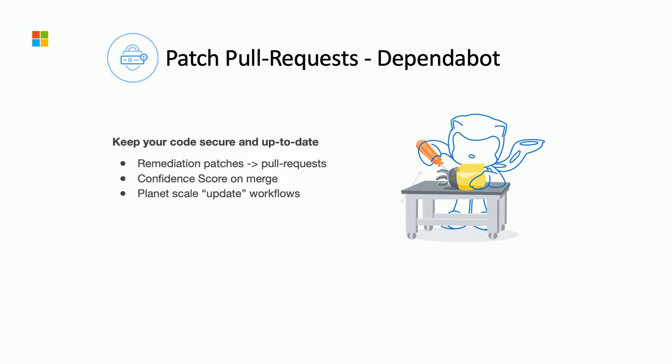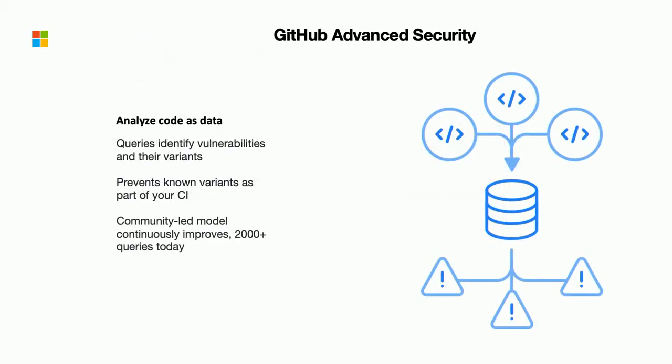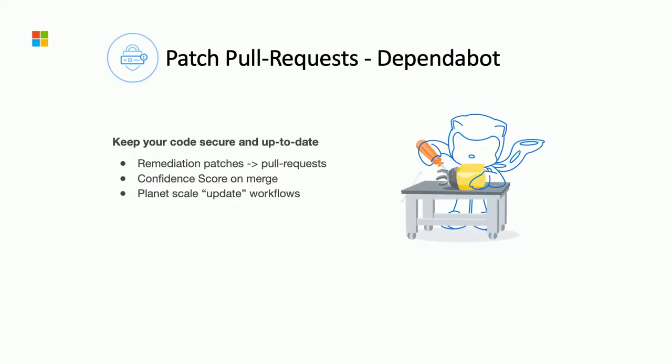Dependabot is a GitHub app, okay? A GitHub app is just a mode of integration with GitHub. And what it does is it picks up on that trove of known vulnerabilities within your application, and it opens a pull request automatically in your repo. Okay, so we're automating the patching of those known vulnerabilities across your apps.